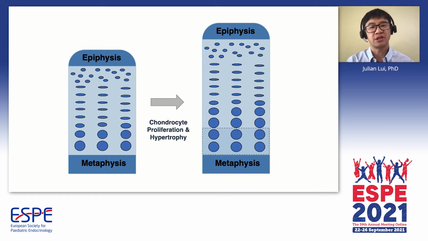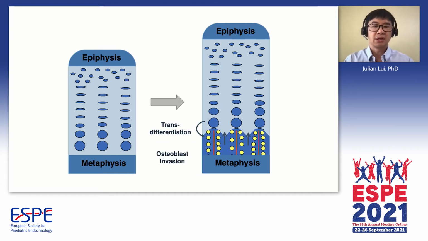This process of chondrocyte proliferation and hypertrophy leads to formation of new cartilage tissue, but simultaneously, the bottom of the hypertrophic zone is also being invaded by blood vessels and osteoblasts, which remodel the newly formed cartilage into bone, or the terminal hypertrophic chondrocyte may also directly transdifferentiate into osteoblasts.